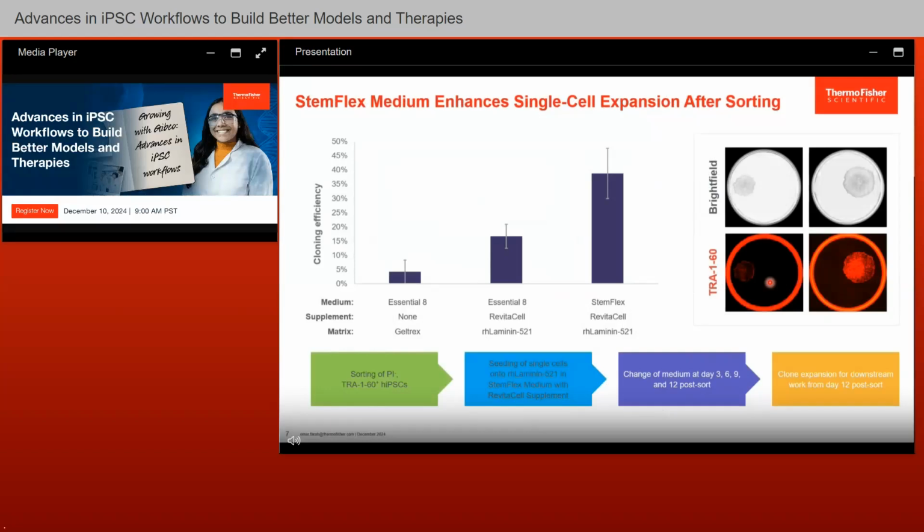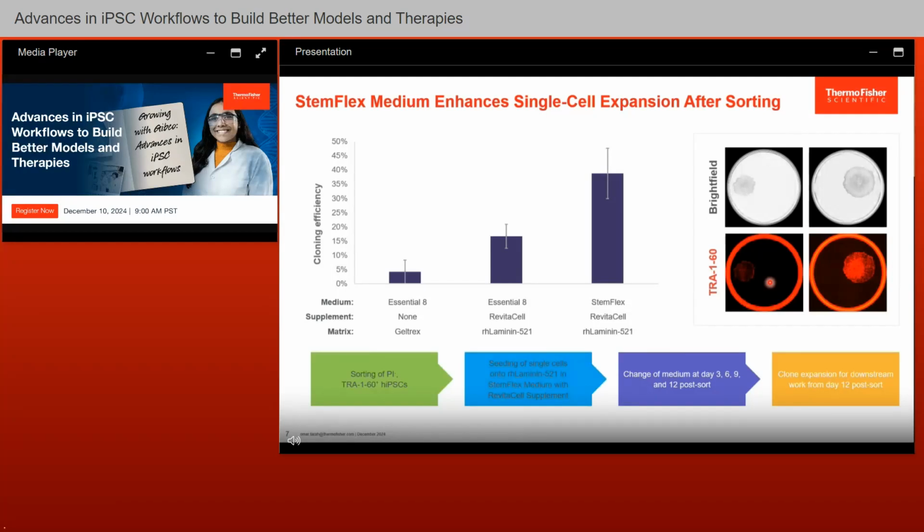Now, I briefly mentioned that StemFlex was specifically designed to help address and support challenging applications within the stem cell workflow. One such application is the clonal expansion of cells, either before or after gene editing. You can see here that we've performed an experiment where we've sorted and seeded single cells in a single well of a 96-well plate in 3 different conditions.